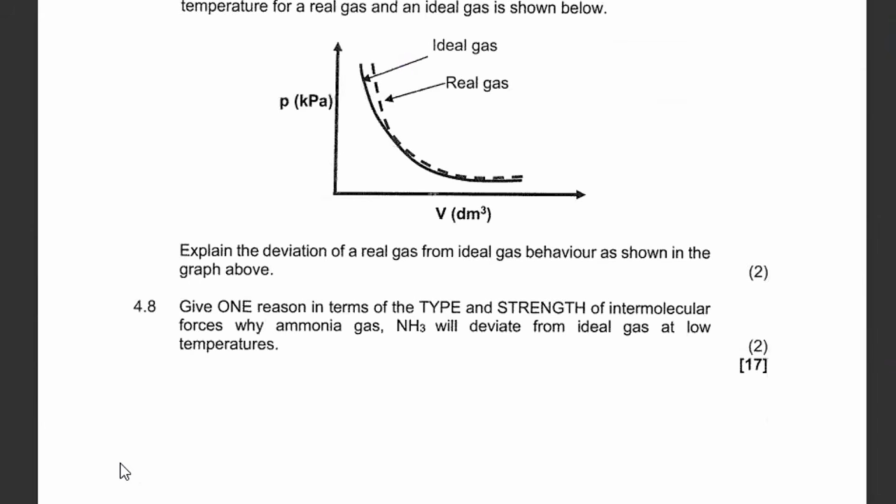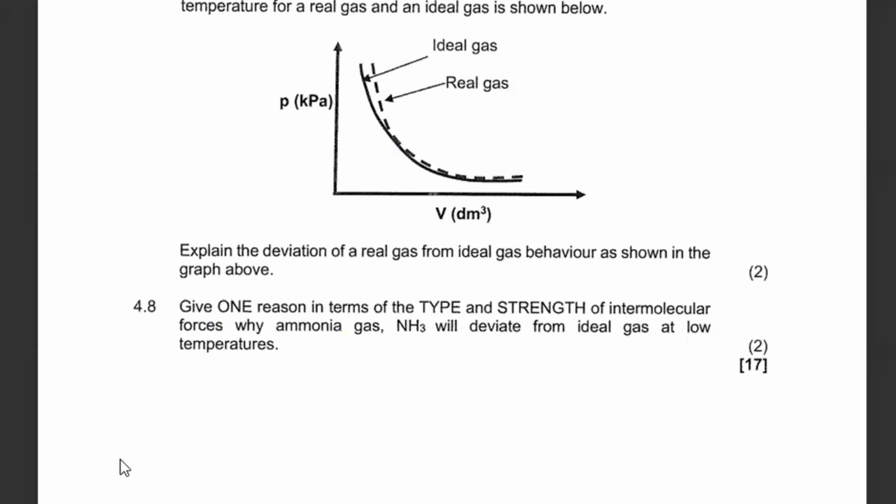In 4.7, what we have here is the graph of pressure versus volume of an enclosed gas at a constant temperature for a real gas and an ideal gas, shown below.